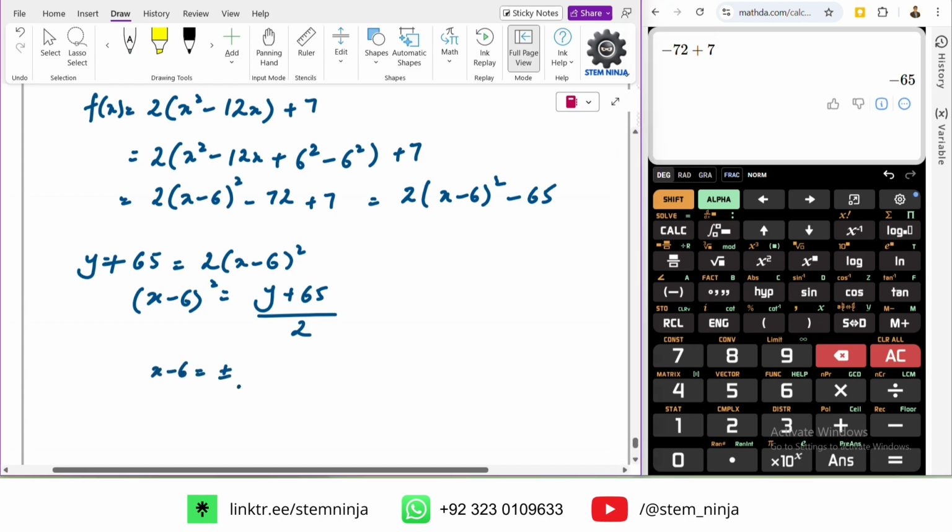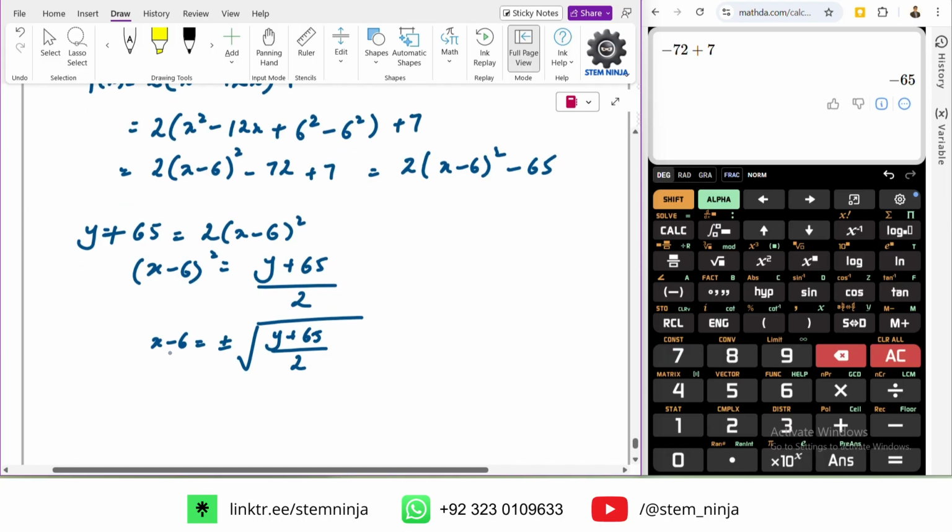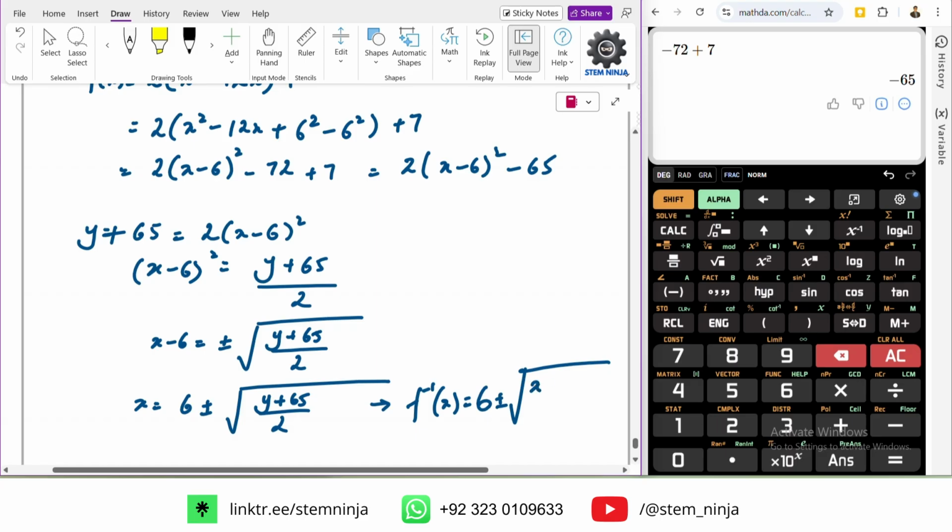This would be plus or minus the square root of y plus 65 over 2. And therefore, x is equal to 6 plus or minus the square root of y plus 65 over 2, which loosely translates to 6 plus or minus the square root of x plus 65 over 2.